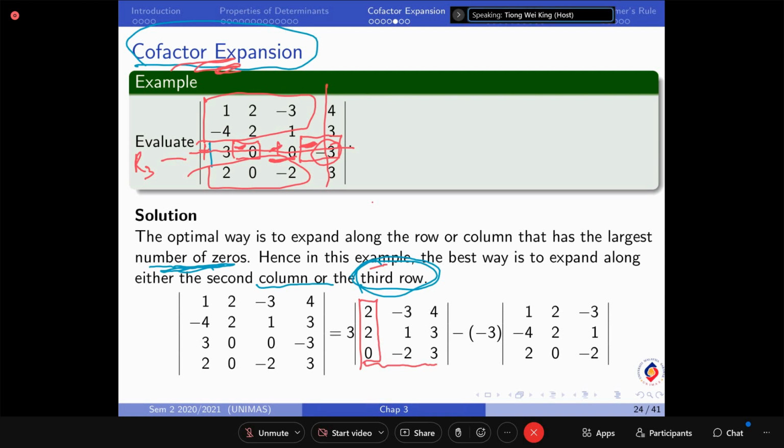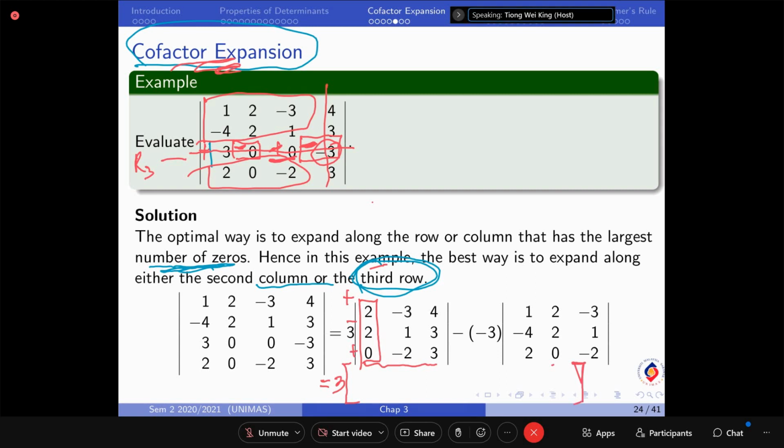Again you do the plus, minus, plus signs. From here you have 3, and first you open a very big bracket for the cofactor expansion of this matrix.